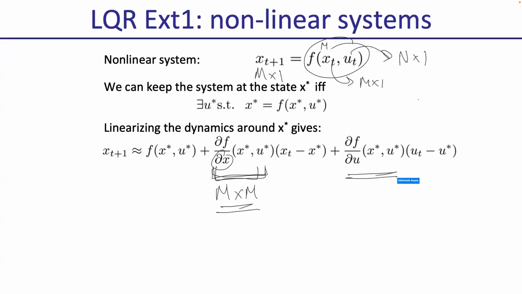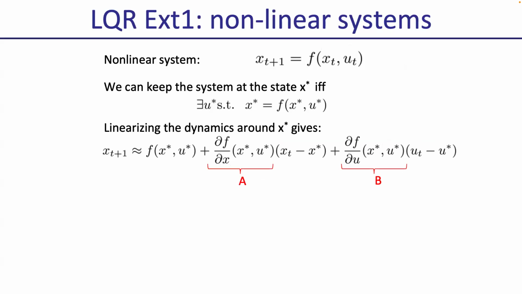Similarly, this thing takes in x and u and gives me something that is m by 1. And I want to take the gradient of this with respect to u, which is n by 1, which means that this whole thing is a matrix of m by n. Right? So these are the Jacobians, and you can start to see it looks like a linear system again.